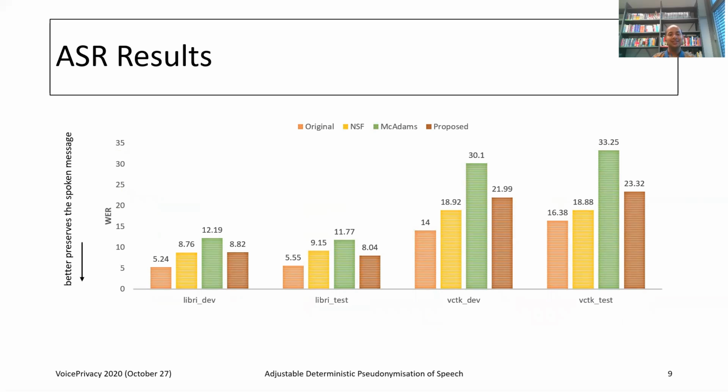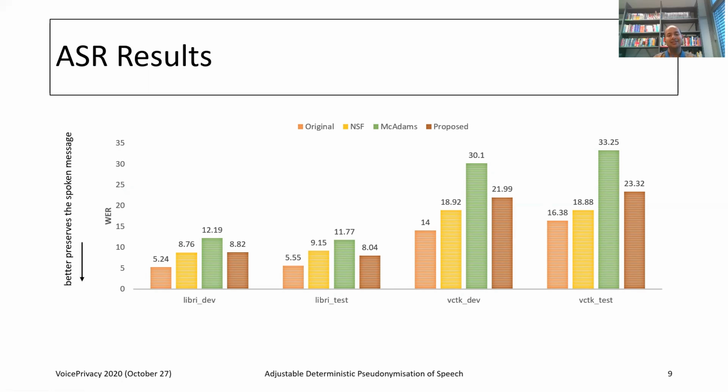In terms of speech recognition, what we require is that the word error rate remains low after anonymization, so that the spoken message is clear. Here, again, the NSF method is still a little worse than the original. That means the NSF method does not preserve all the information that is required for speech recognition.